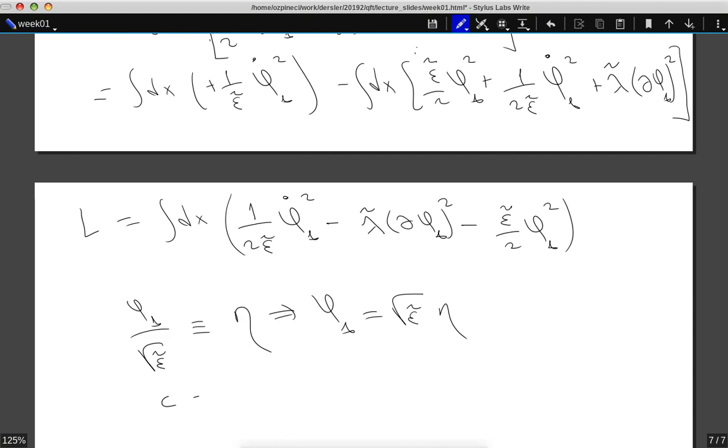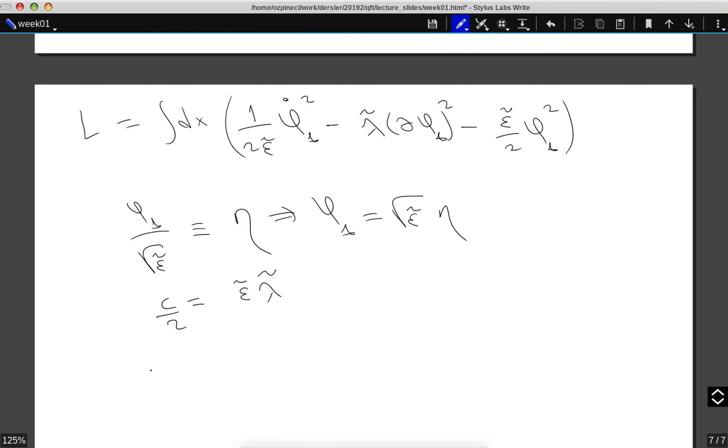I will define another constant c over 2 to be epsilon tilde lambda tilde. And I will define another constant m squared to be epsilon tilde squared.